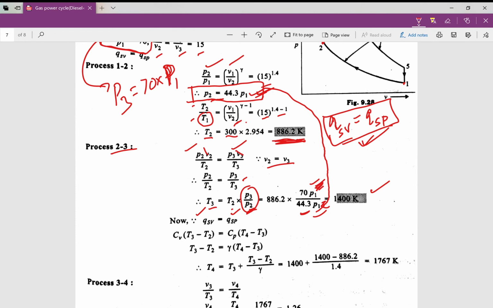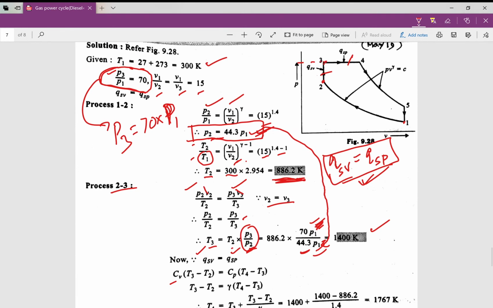So m gets cancelled, and we have written Cv times (T3 minus T2). This process is taking place at constant volume, that's why we write Cv. Now in the constant pressure process, we write Cp and the temperature difference T4 minus T3.